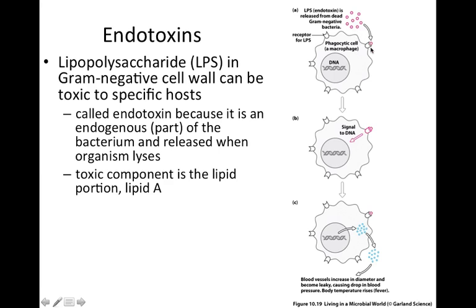If endotoxin comes in contact with its receptor, and one of the receptors for LPS is TLR4, this can signal into the cell to change its gene transcription and activate the production of cytokines. Cytokines can have many effects.